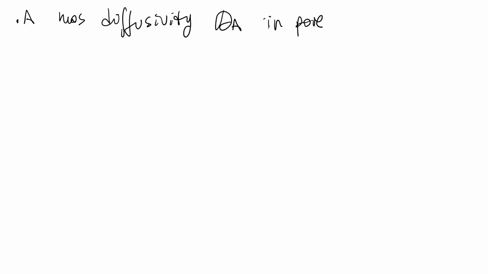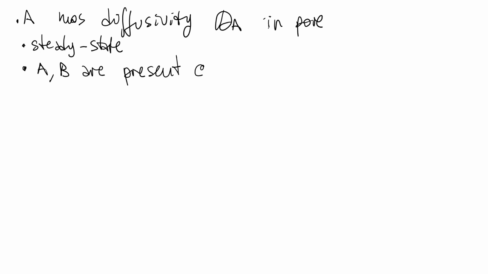The system is at steady state. Also assume that A and B are present in very low concentration. At low concentration, we have inert gas, which is basically the majority of the gas, and we have a little bit of A and B in this inert gas.